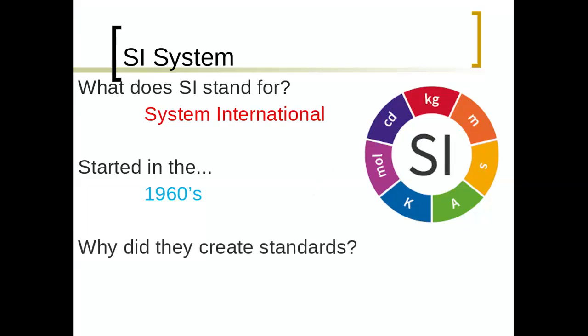As the world is starting to grow, and there's more and more scientists doing harder and harder research, as commerce grows, as we start to trade more and more with other countries, we needed some standard system worldwide that people could follow. There have been many accidents where this hasn't been followed, and we'll talk about some of those in our live session, of where this could potentially be a problem.